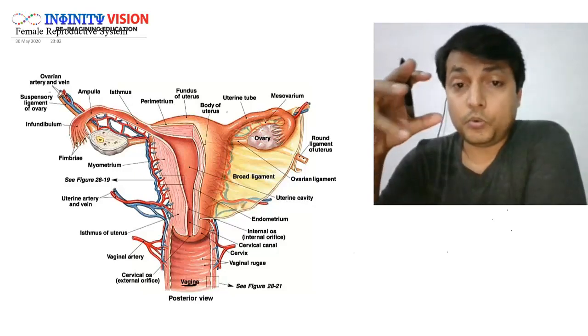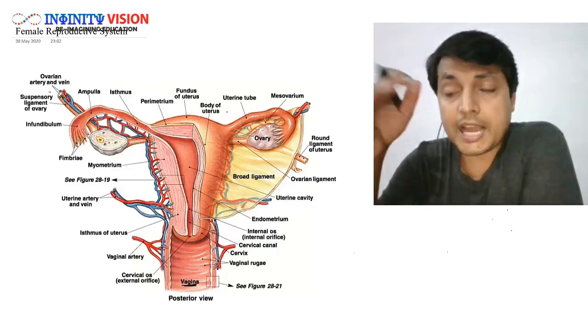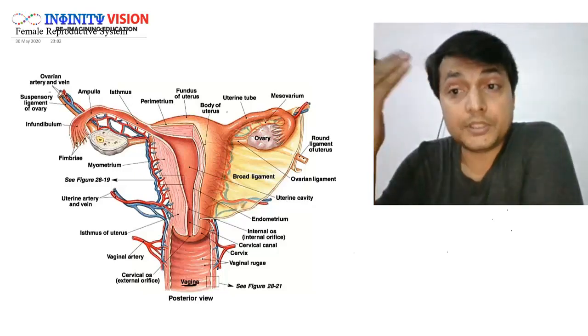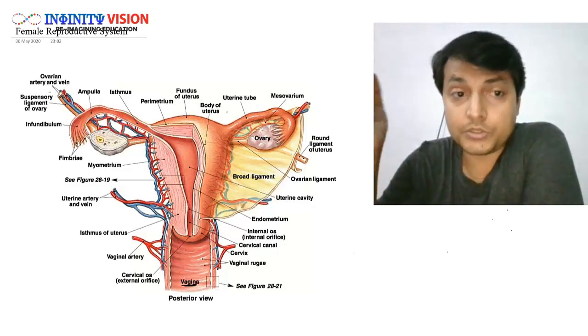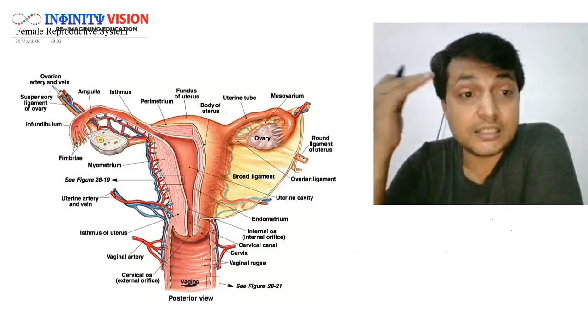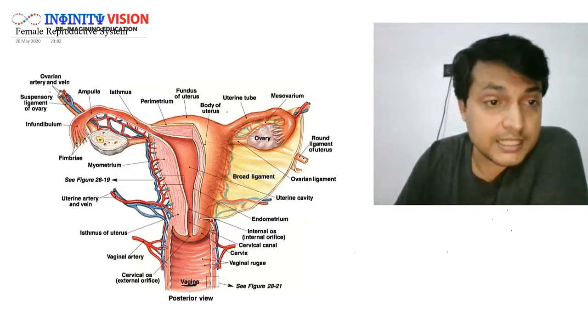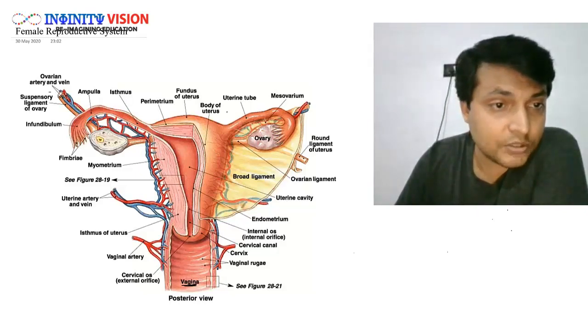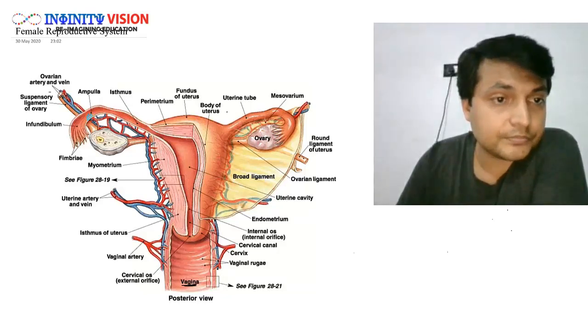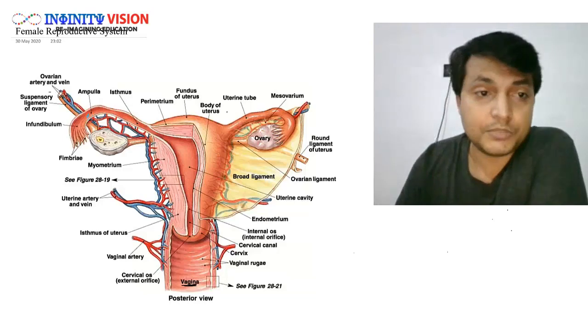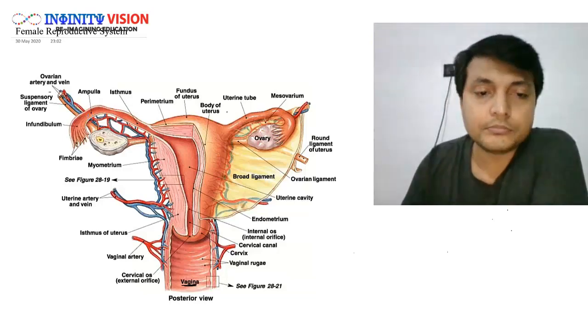Now the oviduct is lined with ciliated epithelium. That is, the cells on the inner side have cilia on top of them. So it is ciliated epithelium. This again we will see later. Great.